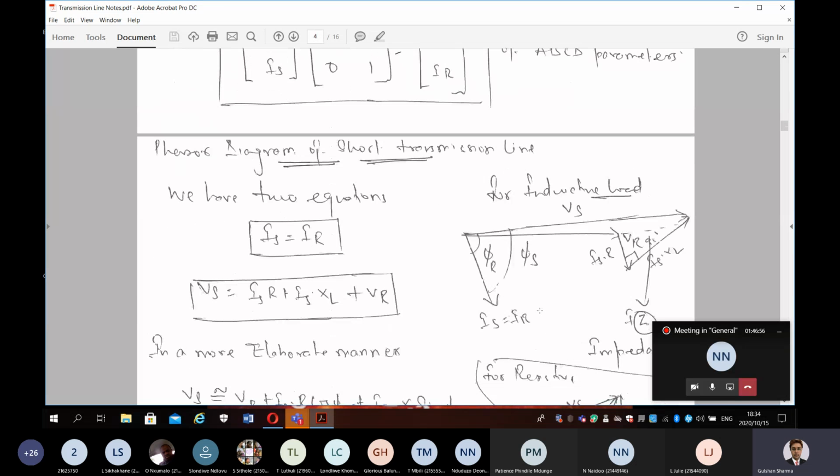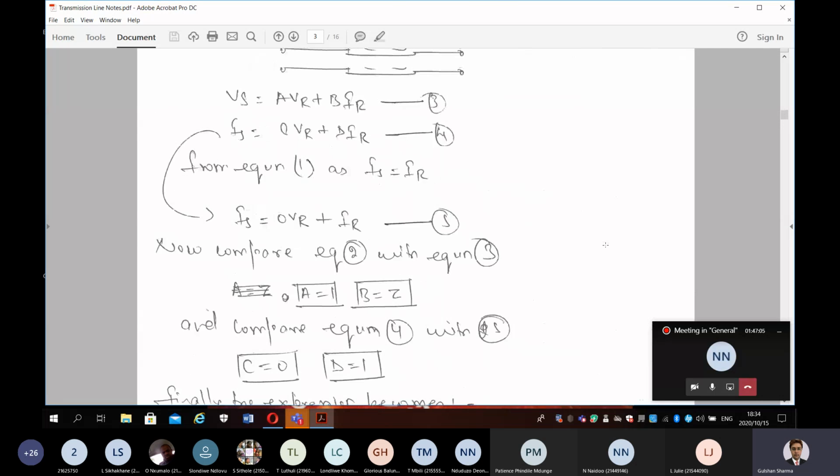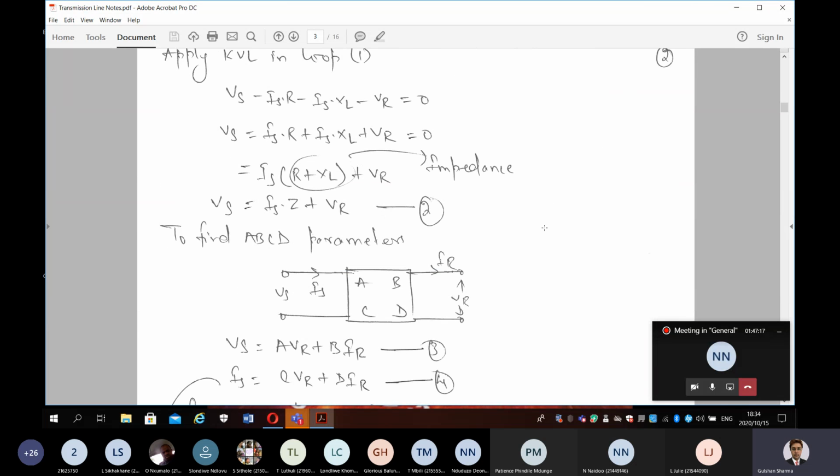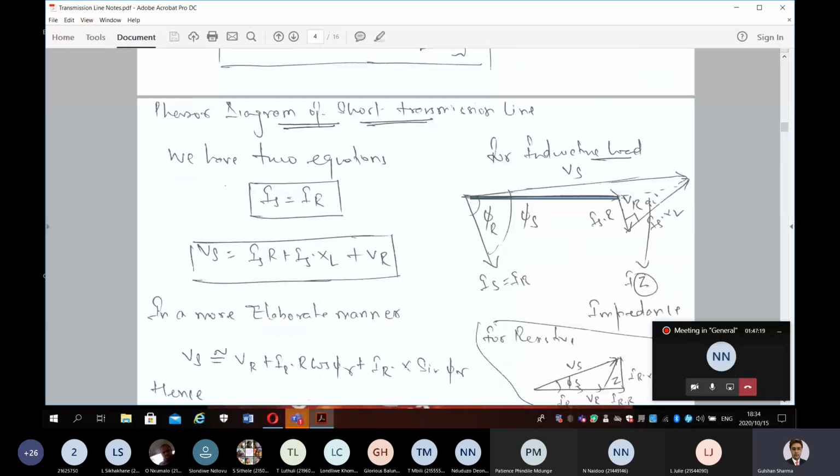So what I have done is that I have taken VR as the reference. If VR is the reference and your load here is inductive, it means this current should lag this voltage by a certain angle. So this is the VR, and this is your IR, meaning for this voltage, your current is lagging.